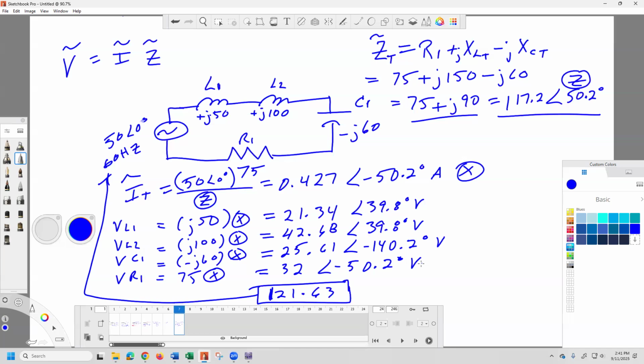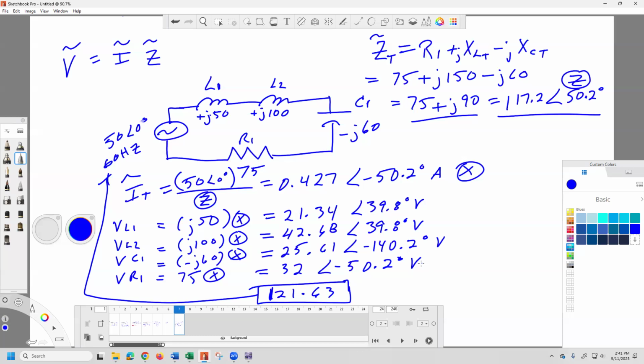VL2 is 42.68 at 39.8 degrees, and I'm adding to that 25.61 at minus 140 degrees.